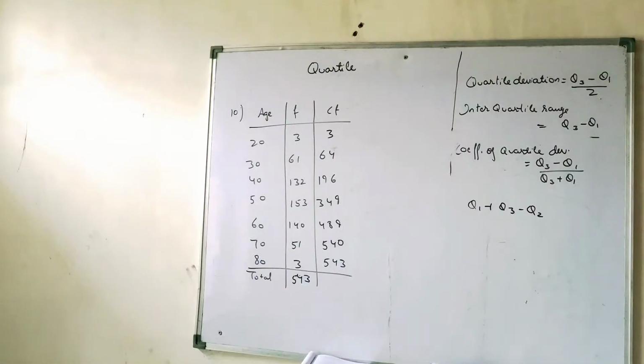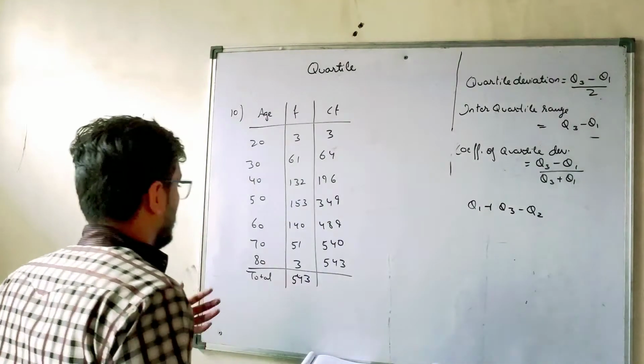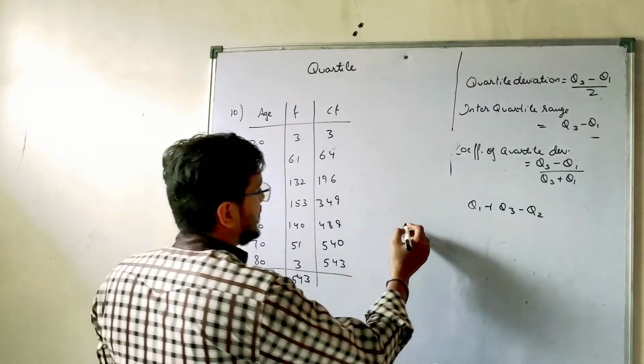So it is correct. Now we just have to find out the value. 543, so n value is 543.